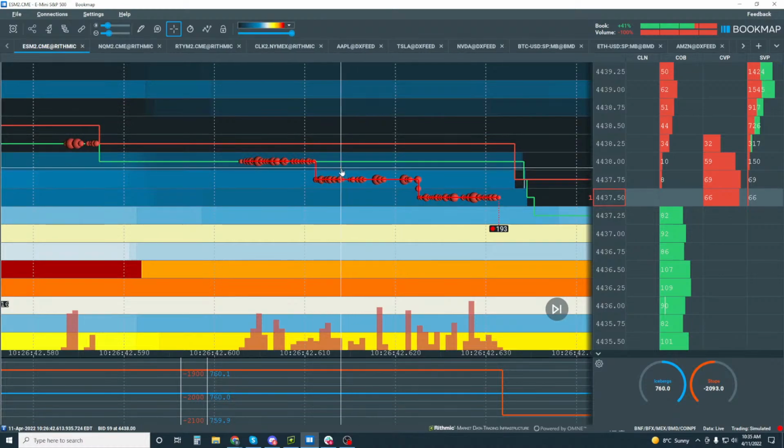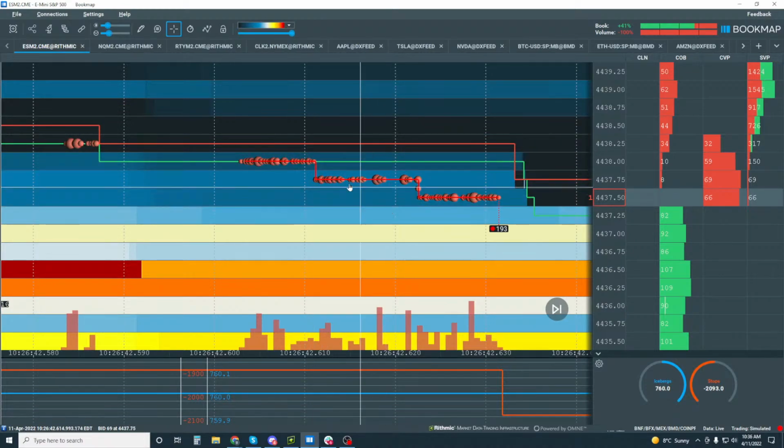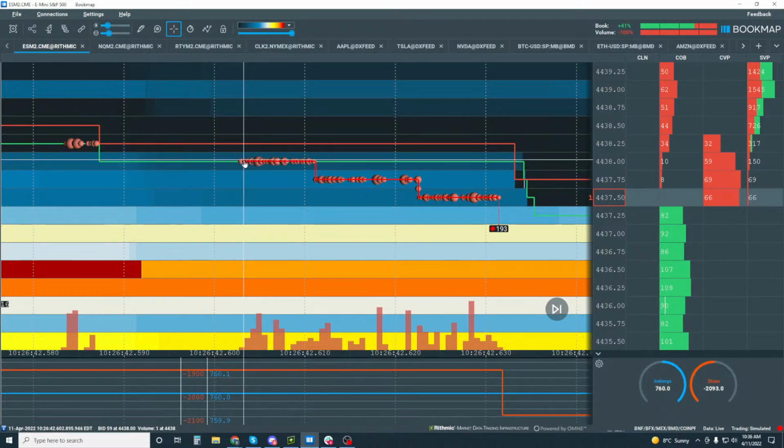I'm not 100% sure, but that's the most likely scenario, I believe. If it was a stop run with a bunch of smaller players in here, a lot of times you'll see the selling coming in here, and new sellers come in here.